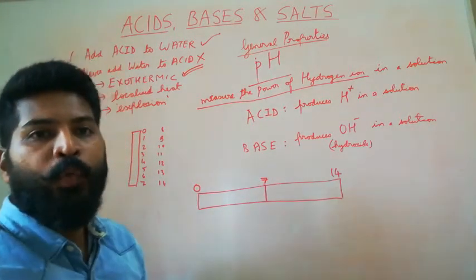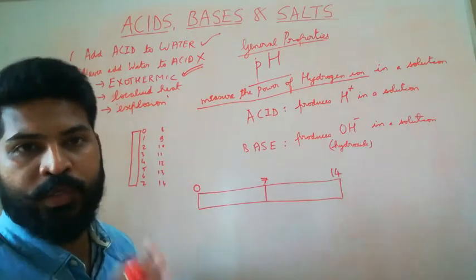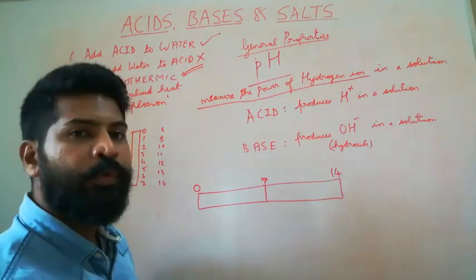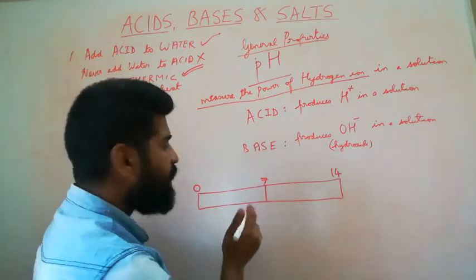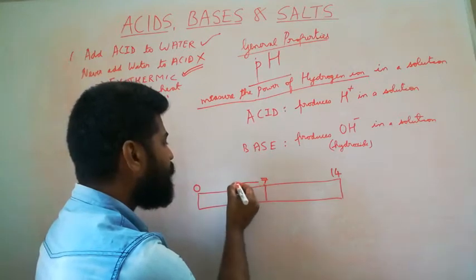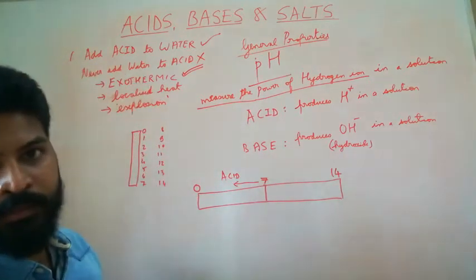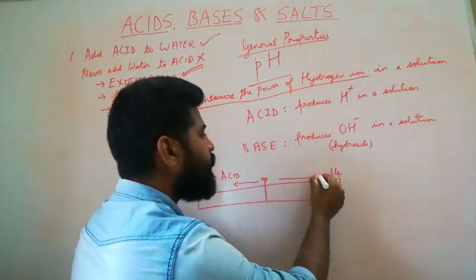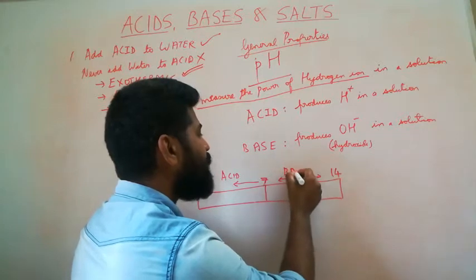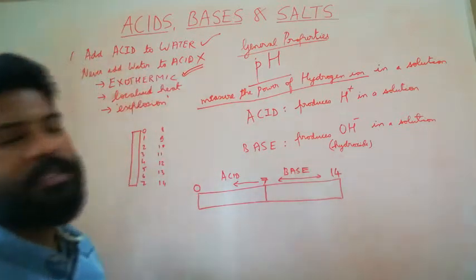When we use a pH paper and dip it in a solution, if the number on the pH paper is less than 7, it is an acid, and if the number is more than 7, such substances are basic in nature.